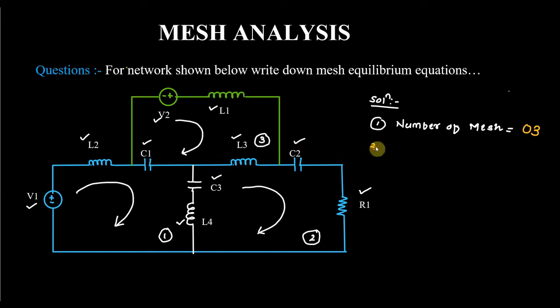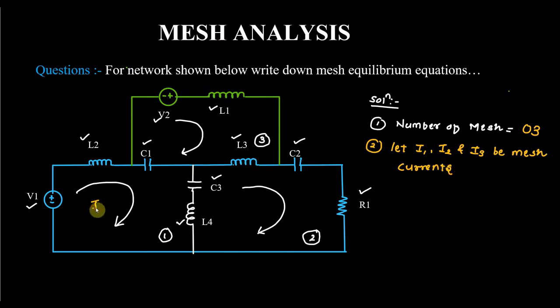Now, similarly, we will see the second step. The second step is to assign the current to each mesh with the direction. So I consider that I1, I2, and I3 are the mesh currents, and we will follow the clockwise direction.